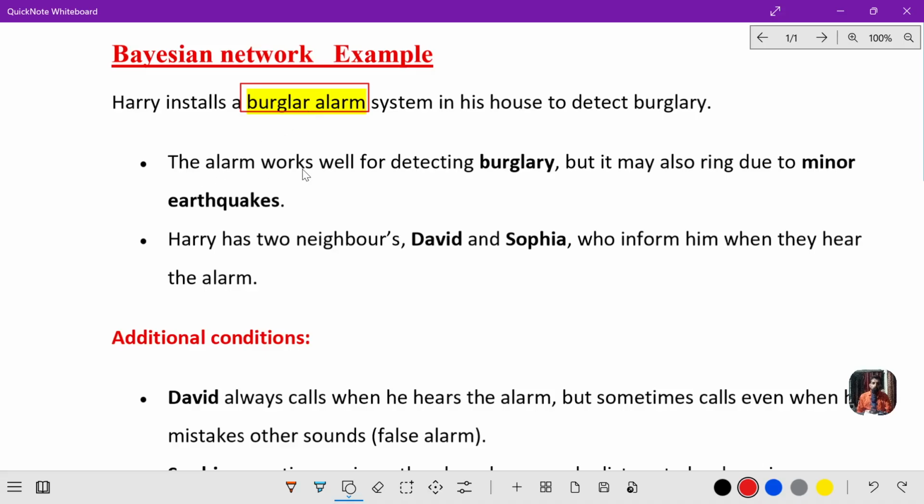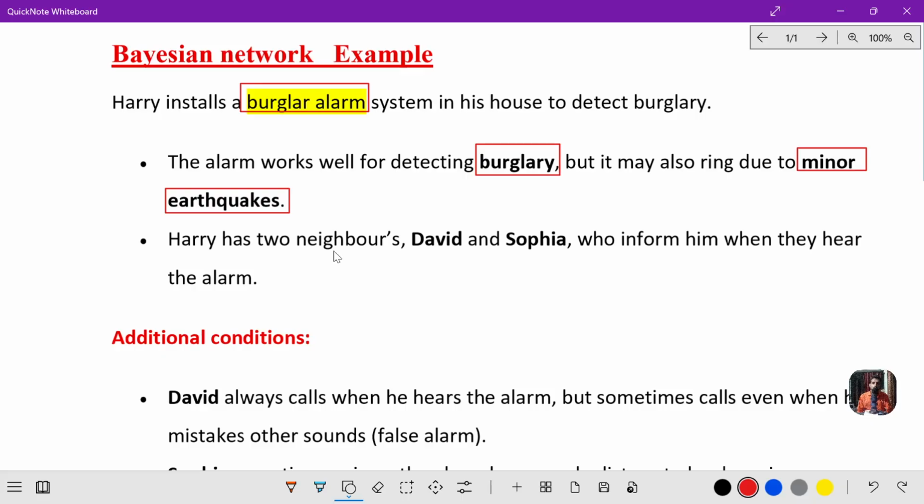The alarm works well for detecting burglary, so it will always identify any theft going on, but it may also ring due to minor earthquakes. Sometimes when an earthquake comes, it may make some sounds. Then there is a confusion whether this sound belongs to burglary or something else.